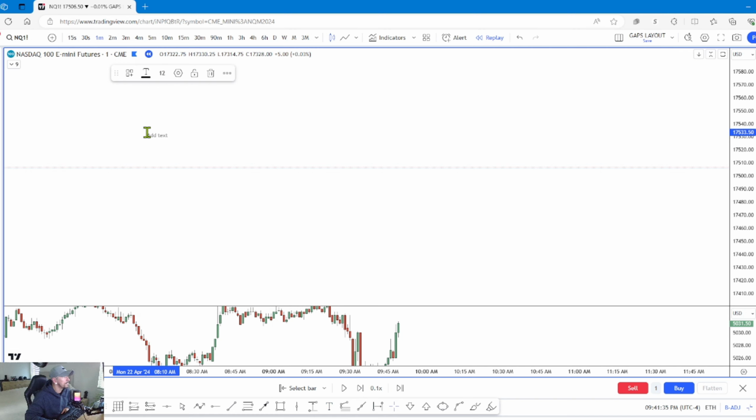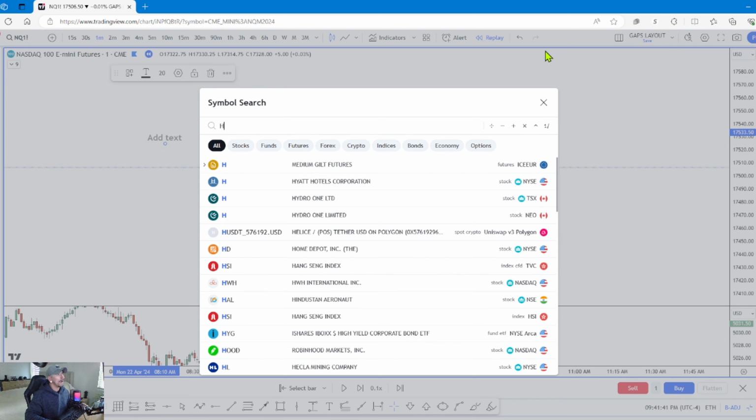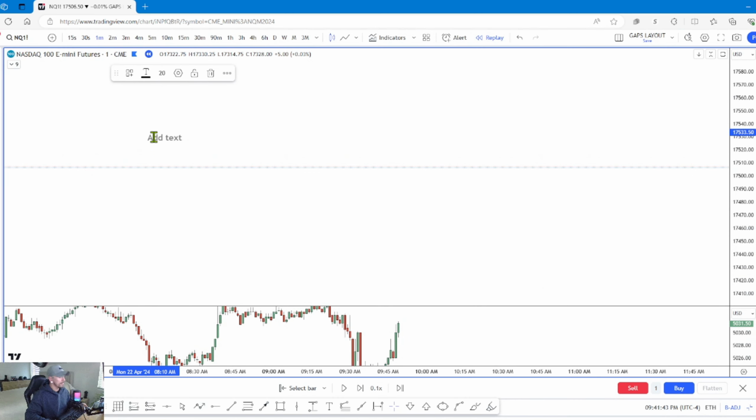So some rules are, we are going to want a higher time frame PD array. Then we're going to want a lower time frame change in the state of delivery, market structure shift, and some sort of PD array to enter on the lower time frame, and we're targeting our target.